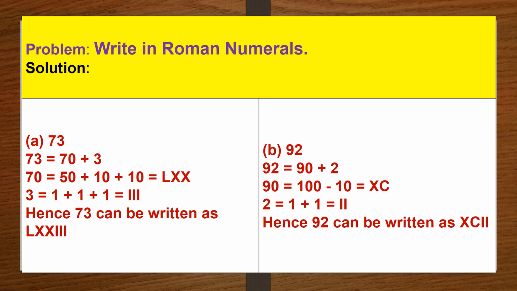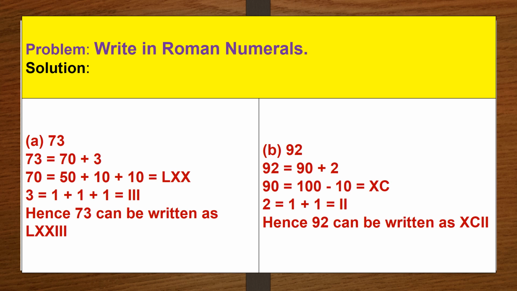Yes, L. For 10, X. And again for 10, X. So 70 can be written as LXX. And 3 can be written as 1 plus 1 plus 1, III. Hence, 73 can be written as LXXIII. Very simple.